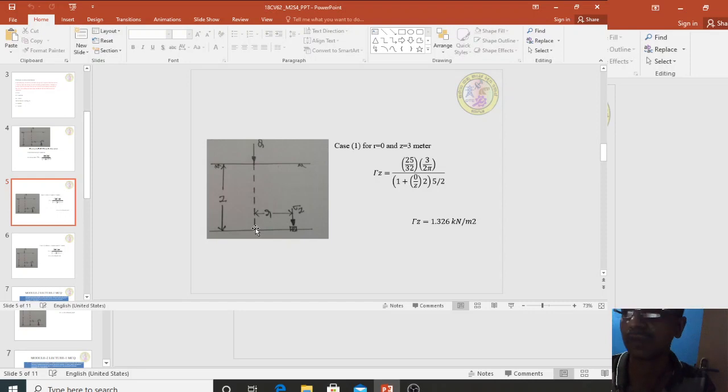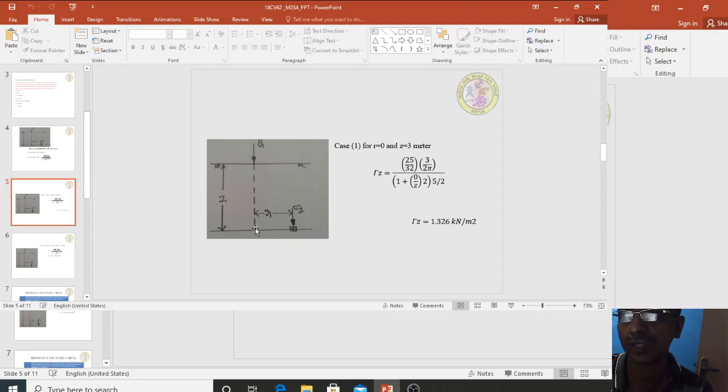So which is given by the formula sigma z is equal to Q by Z square into 3 by 2 pi divided by 1 plus (r by z) whole square, whole to the power 5 by 2, where Q is 25 kilonewton, Z is 3 square, and r is 0.